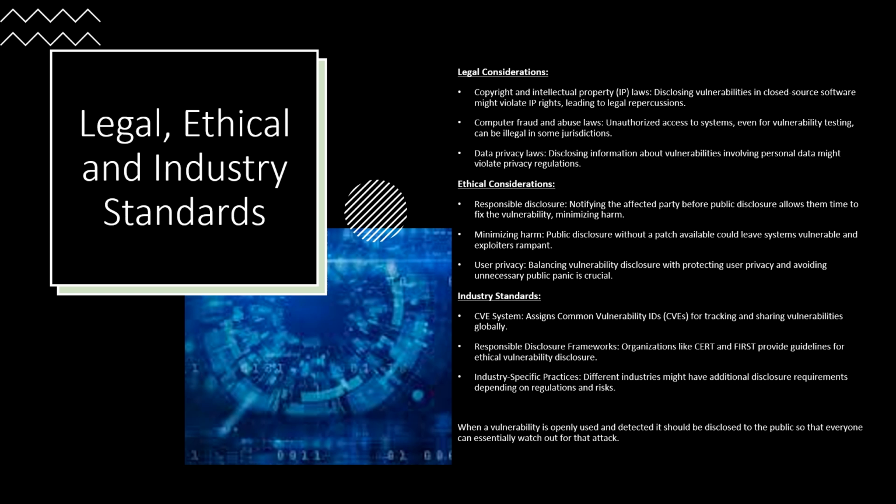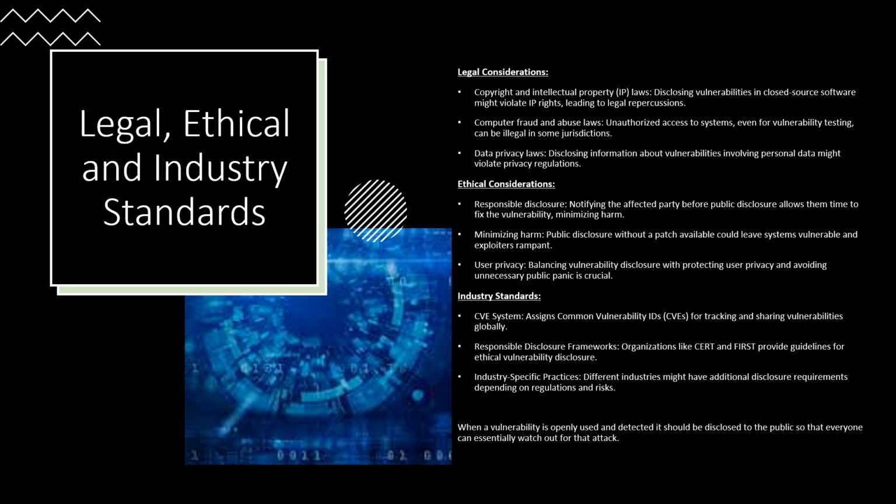The government has different ones than Walmart cybersecurity would, or than Intel would, or other companies. If a vulnerability is openly used and detected, it should be disclosed to the public. To me, that's my hypothesis on this, so that everyone in the industry can watch out and make note of that attack or specific issue.